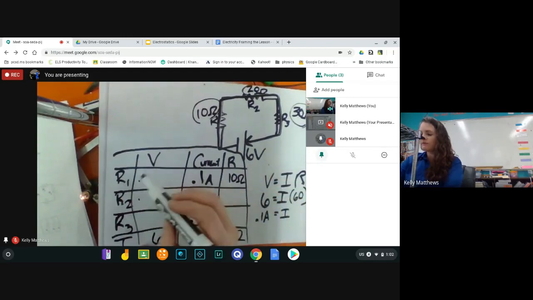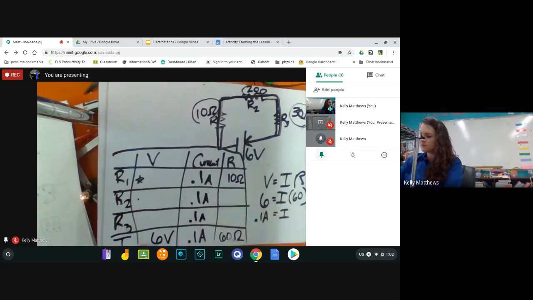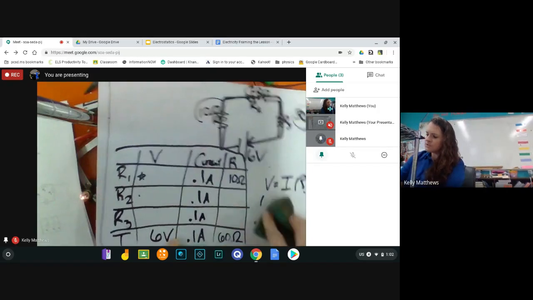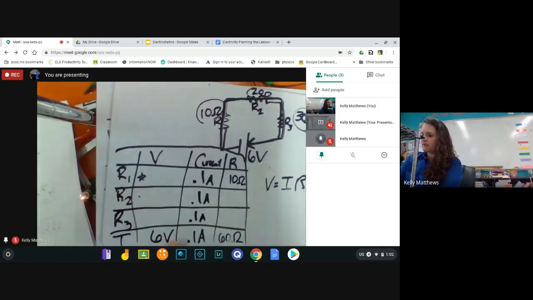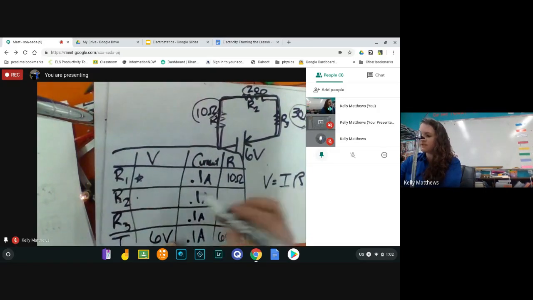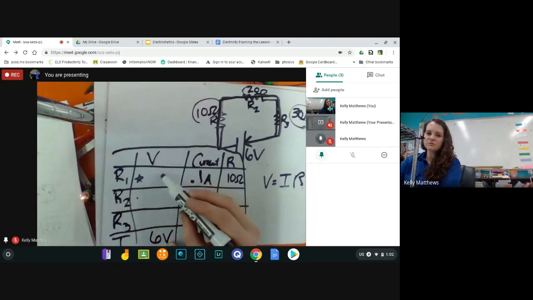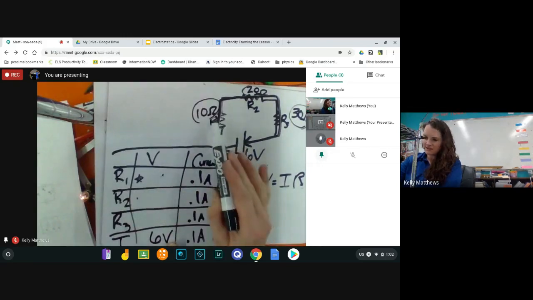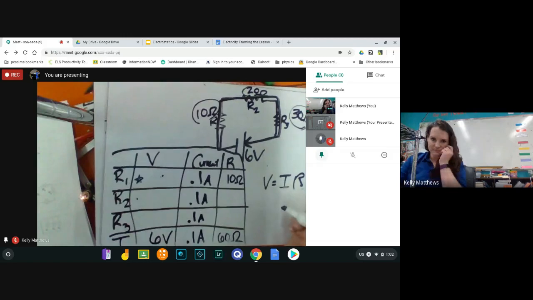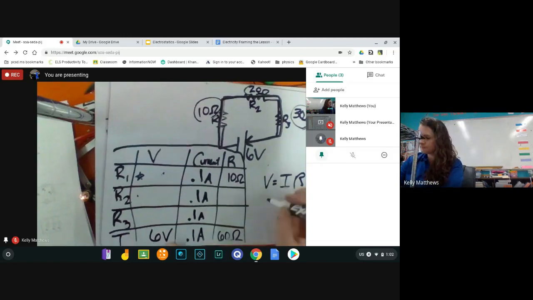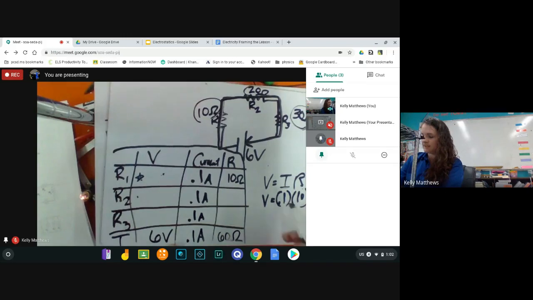And so now we could find the individual voltage that goes through that individual resistor. And so we'll just use Ohm's law again. We just don't know the individual voltage that's in this individual resistor. And so my voltage is going to be equal to my current times my resistance, 0.1 times 10. Well, that's going to give me 1 volt.